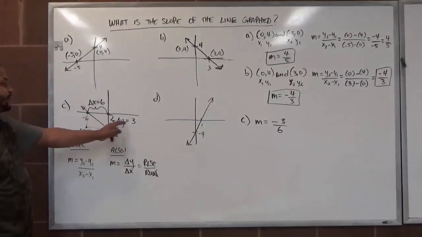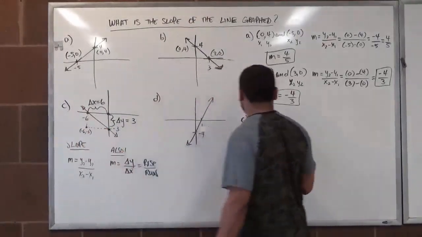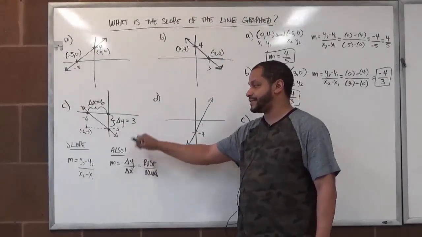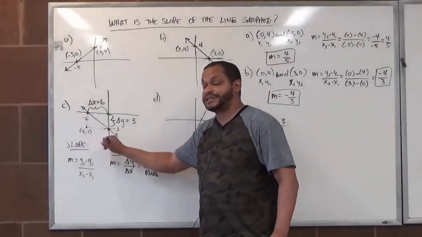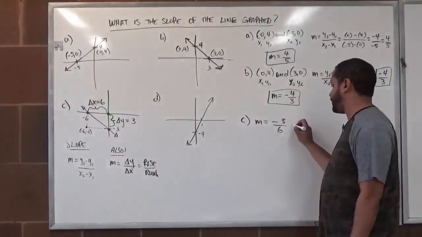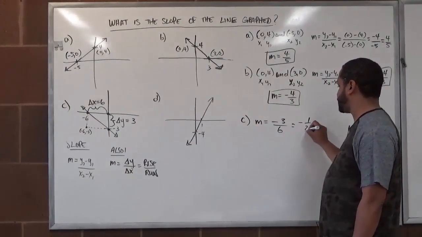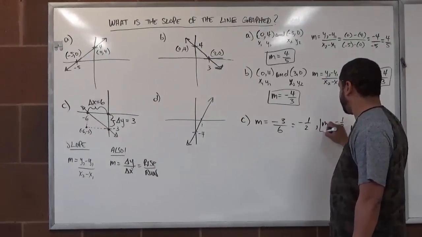And this is where our 3 and our 6 come into critical play here, because we know this is going down, so we already applied the negative. All we had to do was indicate the change of the y, which is a 3, and that becomes negative 3, over the change of x, which is 6. And so here we have negative 3 over 6, which when we reduce this, becomes negative 1 over 2, indicating that our slope is negative 1/2.